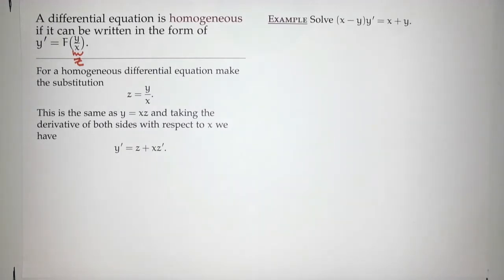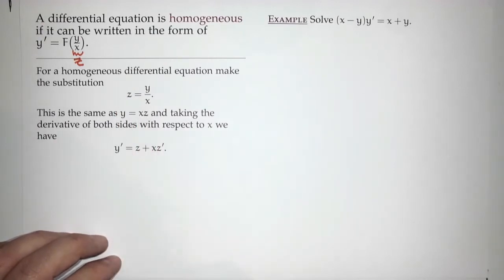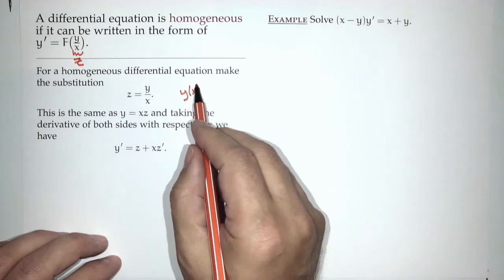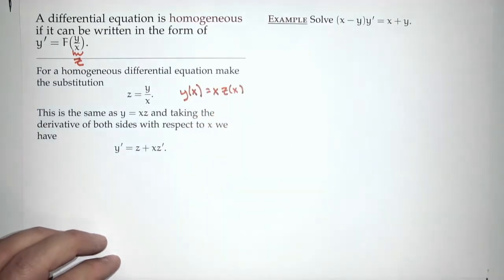Great. Let's follow what happens. So z equals y over x. You can imagine multiplying: y equals x times z. And again, we're thinking of y as a function of x. So y of x equals x times z of x is how we should be thinking of this in the back of our heads.